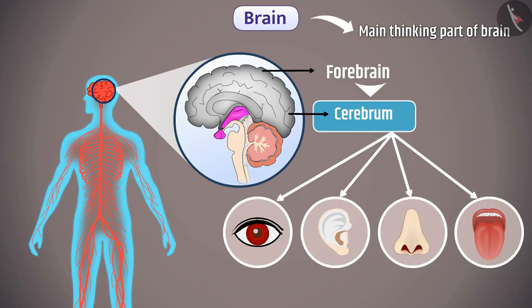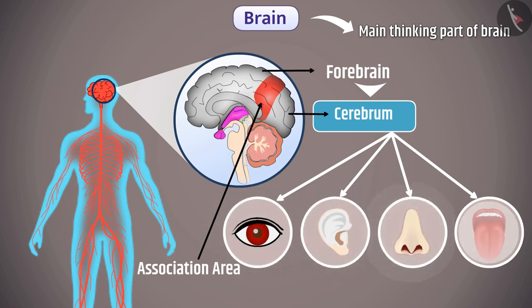There are also various associative areas in the cerebrum which interpret the sensory information from other receptors, and information already collected in the brain, and make decisions in order to give a response. This decision is conveyed to the motor areas which control the movement of the voluntary muscles.